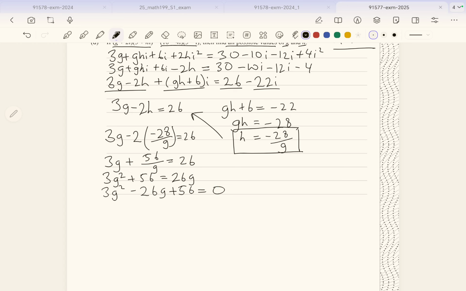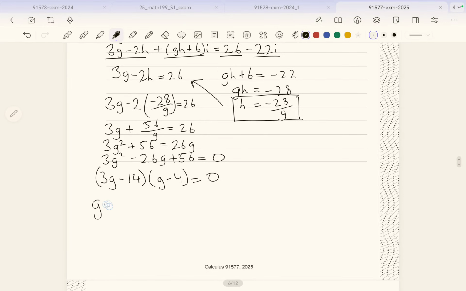Now if we use our graphics calculator to solve for the values of g, we get (3g - 14)(g - 4). So that is it factorized, which means that g is either 14/3 or g is 4.